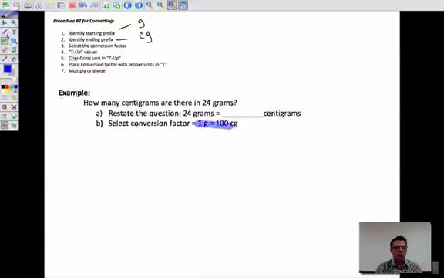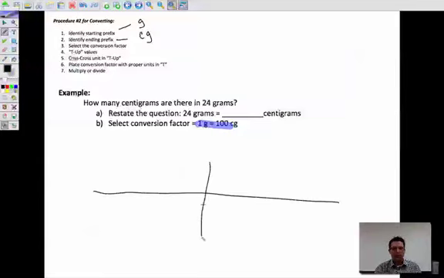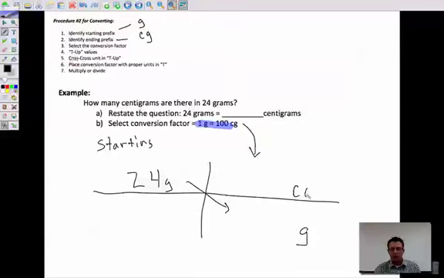1 gram equals 100 centigrams. Then we need to tee up the values, so I draw a big T. I need to crisscross my unit, but I'm going to place my starting values, or starting prefix, in the upper corner, so 24 grams. Now we need to crisscross the T'd unit, and we place our conversion factor in the T, and now we multiply or divide.